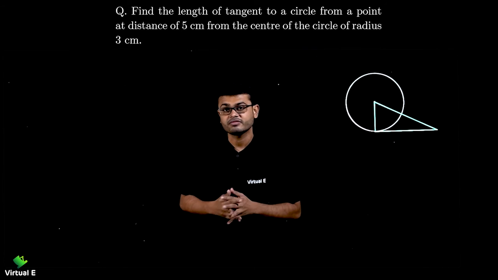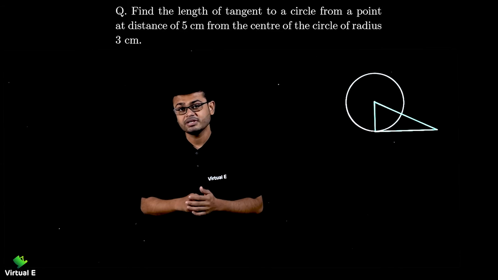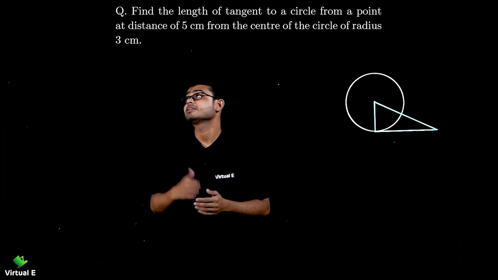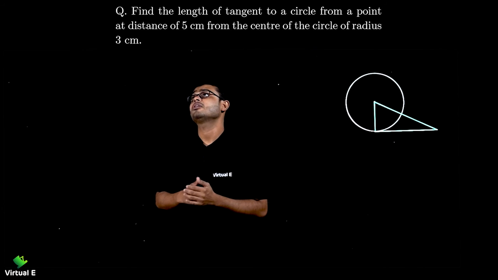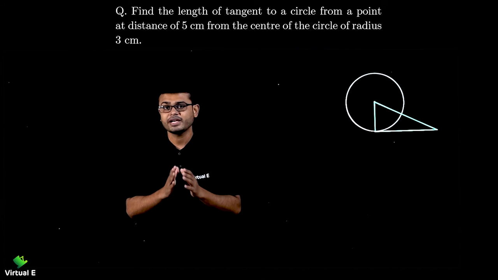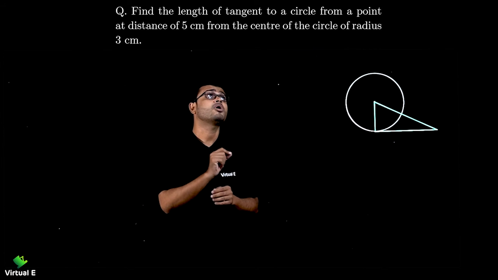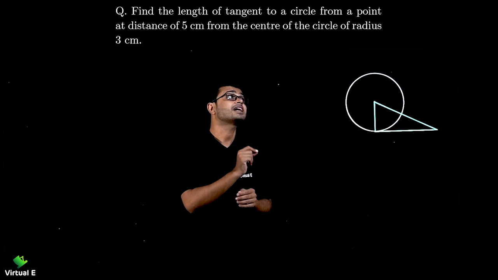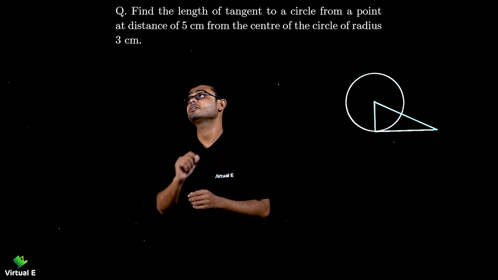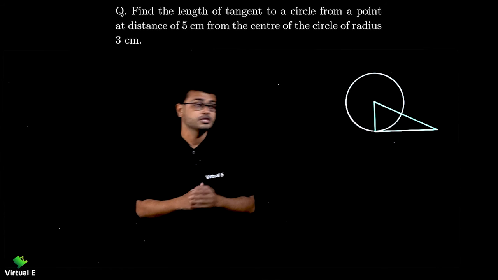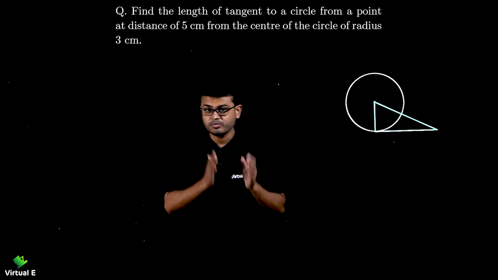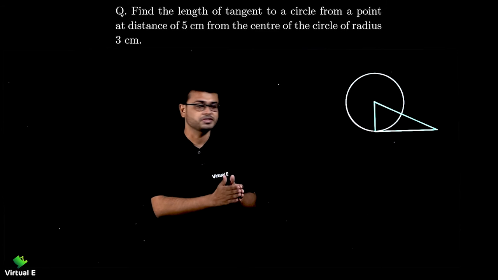Let's read the question first of all, what information is given, then what we need to find. Let's start. Find the length of the tangent to a circle from a point at a distance of 5 cm from the center of the circle. So we are supposed to take one external point which is outside the circle.